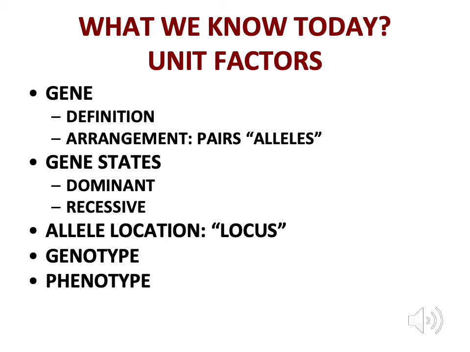If you inherit 2 blue alleles, you'll have blue eyes. But if you inherit an allele for brown eye color from one parent and blue eye color from the other parent, you will still have brown eyes.